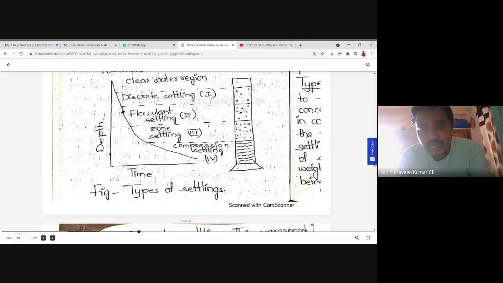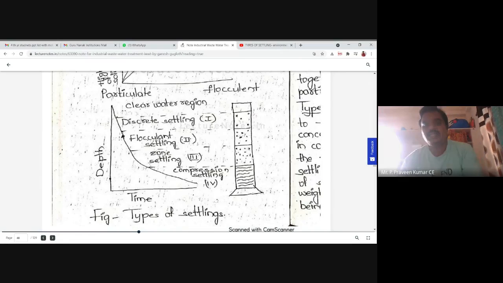The remaining two, that is zone settling and compression settling, will be done in the primary sedimentation tank as well as the secondary sedimentation tank. Okay, the first two types of the settling will be done in the preliminary, and the remaining two types of settling particles will be done in the primary as well as the secondary sedimentation process.